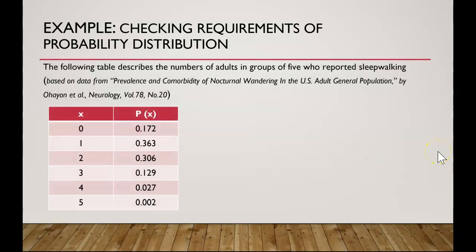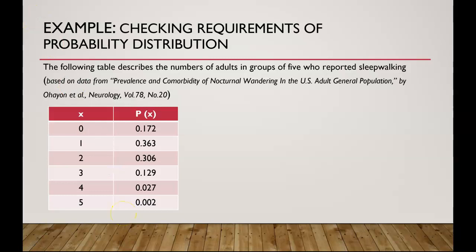Another example, the following table describes the numbers of adults in groups of 5 who reported sleepwalking. Let's check if this table meets the requirements of probability distribution. Random variable x is a numerical value. Yes. It represents the number of adults who reported sleepwalking. Requirement 2. The sum of probabilities must be equal to 1 or close to 1.